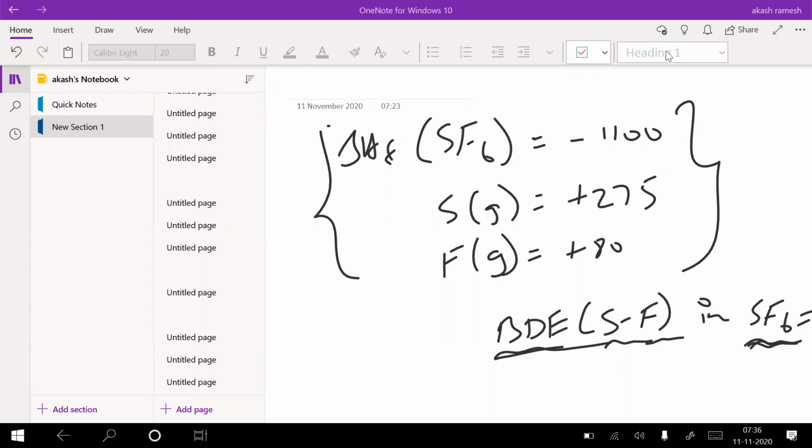Bond enthalpy of SF6. SF6 gives S plus F, just F. Anything else before F? That's 90% correct what you wrote.